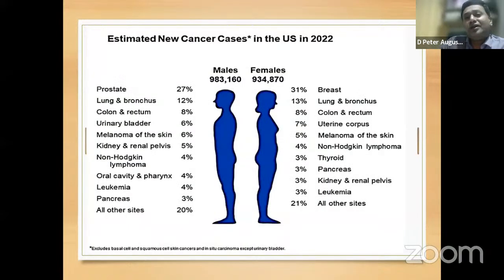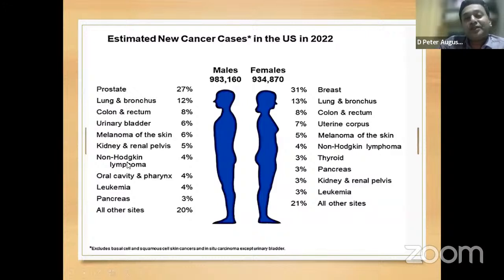Okay, so here, in the current year 2022 itself, in the US the estimated new cancer cases are around 983,000 in males and 934,000 in females.